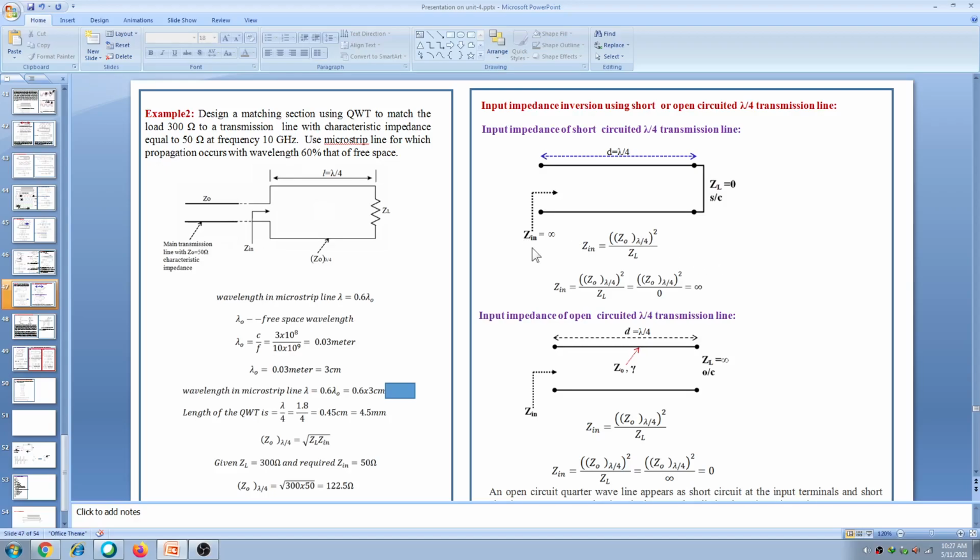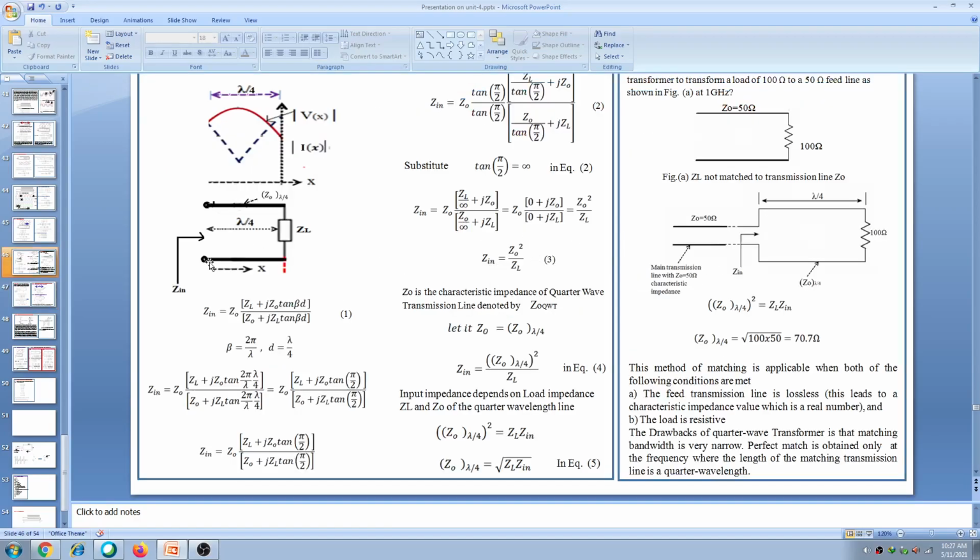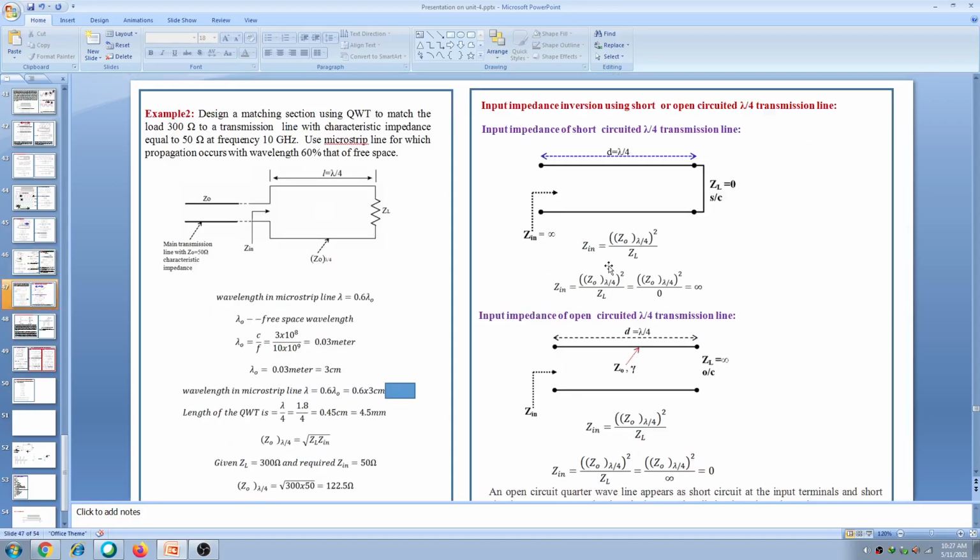From this equation also you can prove that. See, the input impedance of a quarter wave line is given by this equation: the characteristic impedance squared divided by ZL, so it depends upon the characteristic impedance of the line. If ZL equal to 0, anything divided by 0 equals infinity. So if you measure here, you will be getting infinity.